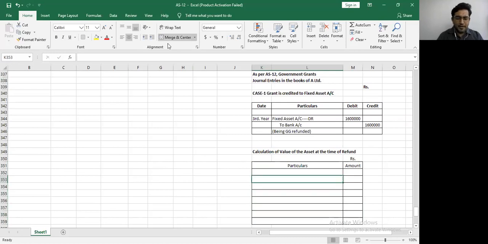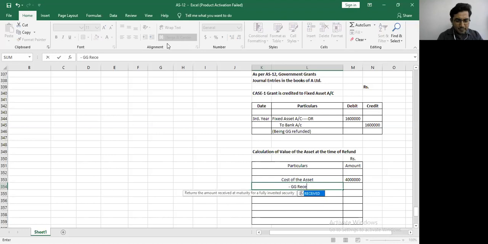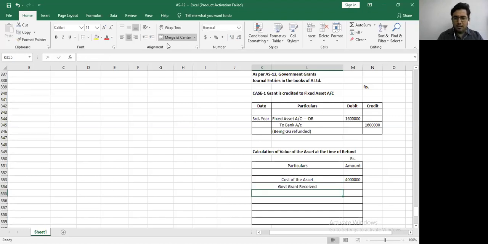Okay. Now pay attention. Cost of the asset is how much? 40 lakhs. First, I have to reduce from them government grant received. Government grant received is how much? 16 lakhs. What is my net cost of the asset?